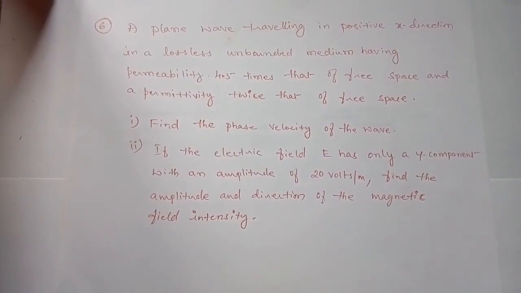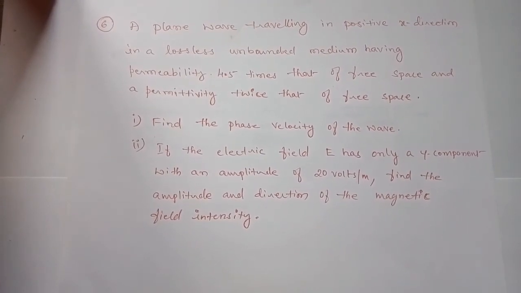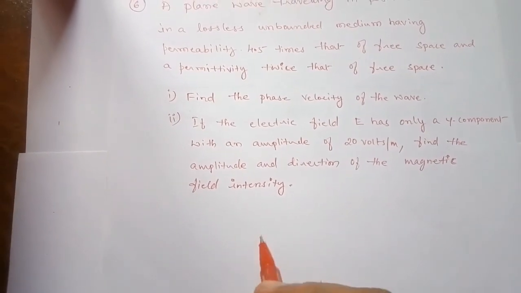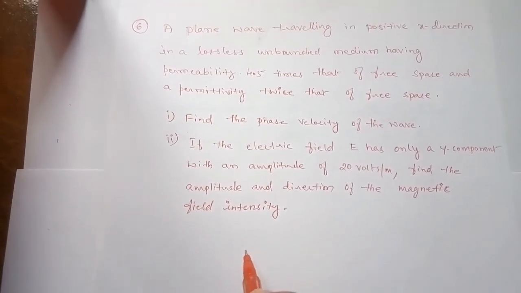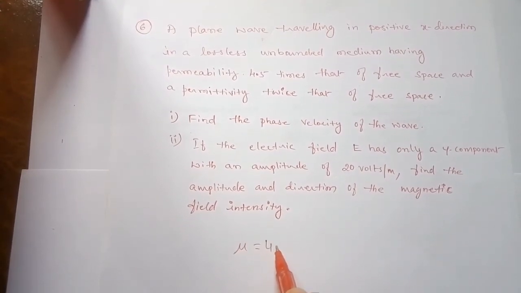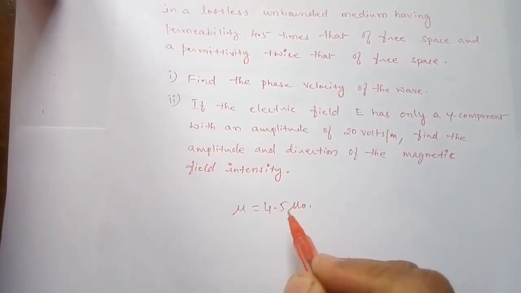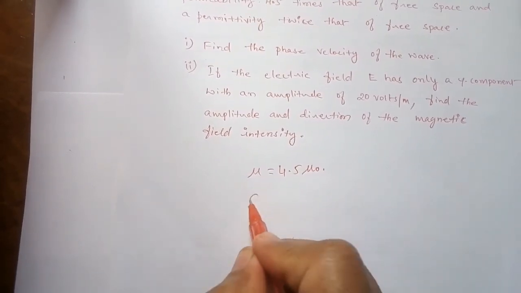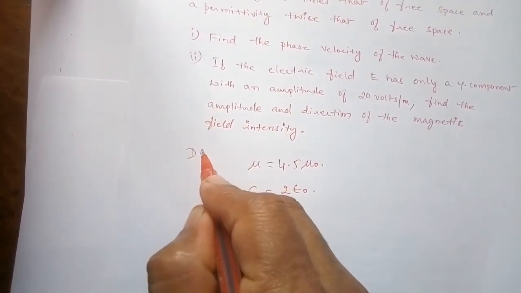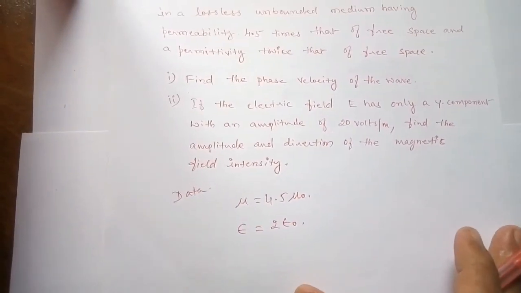Okay, let us try to understand this first. It's given that the wave is traveling in the x direction, and mu is 4.5 times mu naught, and epsilon is equal to 2 times epsilon naught. This is the data given in the problem.